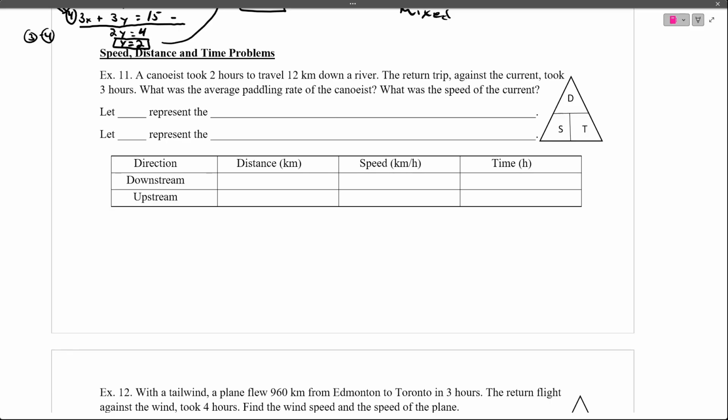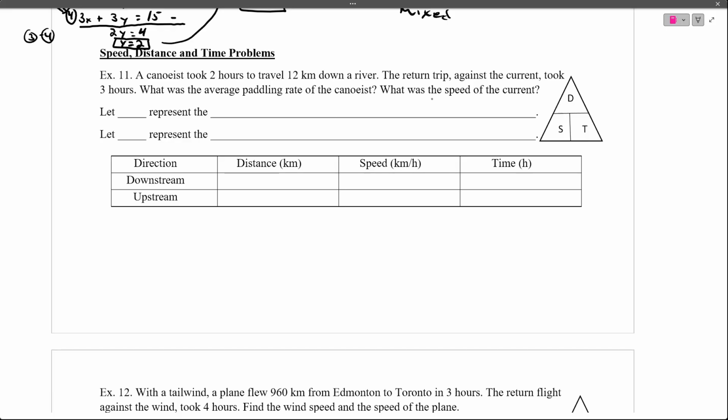So basically, when we're talking about the paddling rate here, really it's trying to figure out, if you took away the speed of the water, how fast is the canoe actually moving? That's what the paddling rate is. So when we're looking at these problems, first thing we need to do is define what we're talking about. So what are the unknown values?